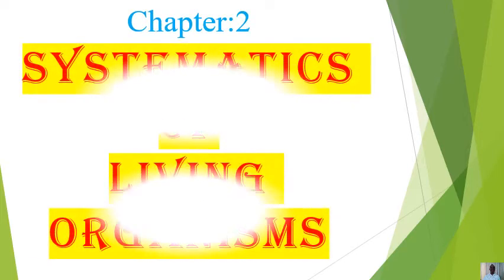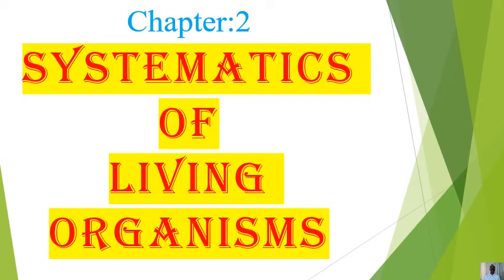The second chapter is chapter number 2, titled Systematics of Living Organisms. In this chapter, we are going to see the basic fundamental information about branches like systematics, taxonomy, or even classification.